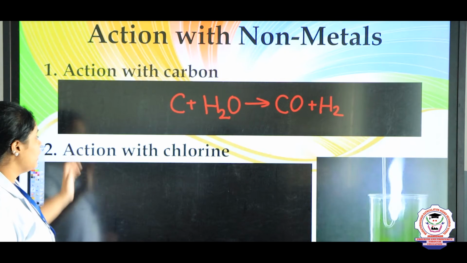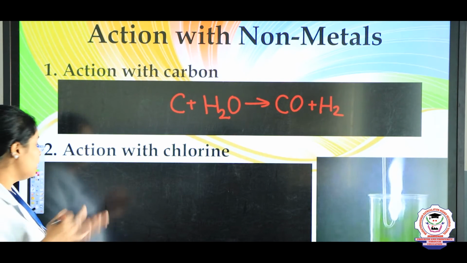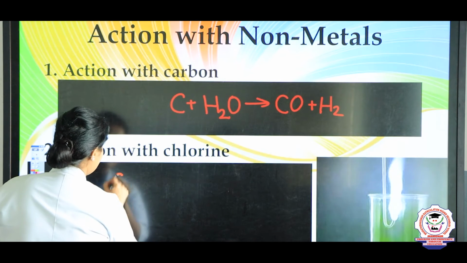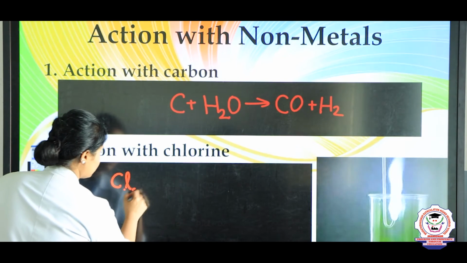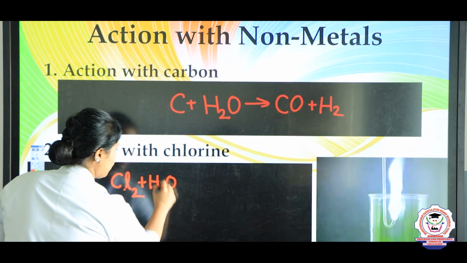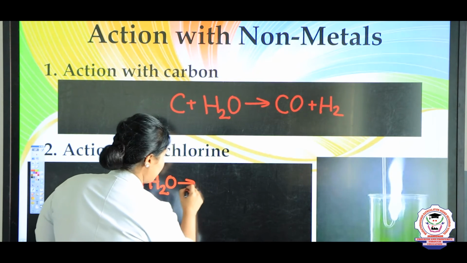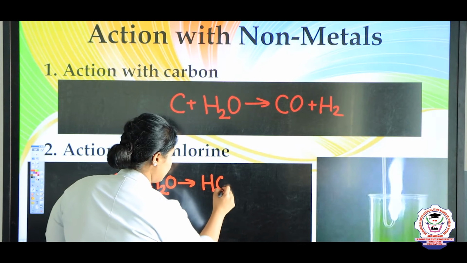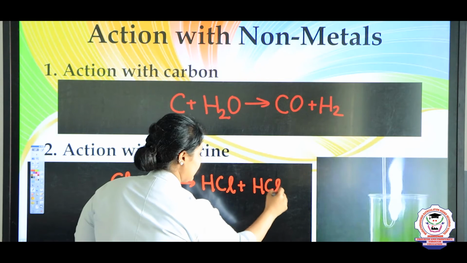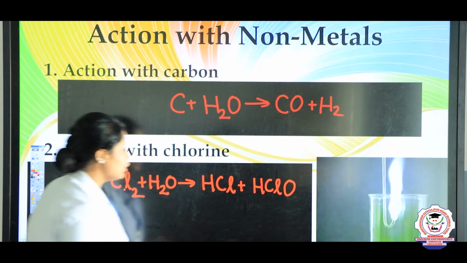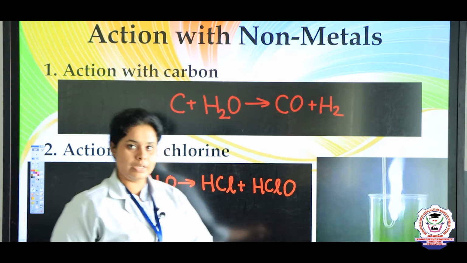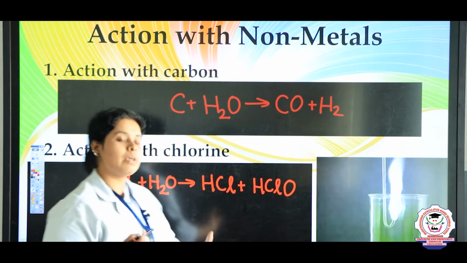And later on, if it reacts with chlorine, the reaction is Cl2 plus H2O. The reaction will come as HCl plus HClO. So here you are getting hydrochloric acid and hypochlorous acid. Okay. So these are two different substances.